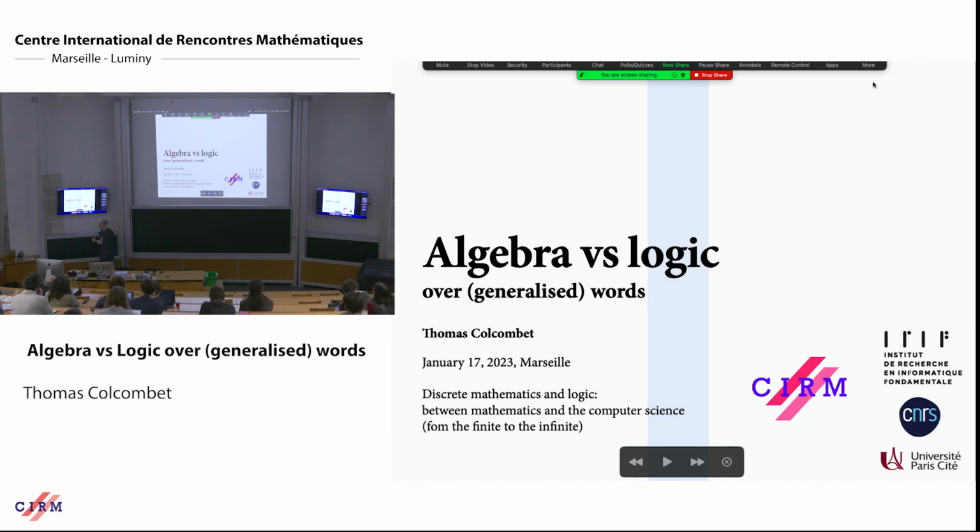I am trying to explain how some interactions happened and how they fit well together. So we start with finite words, and we go toward infinite words. That was a mandatory subject here.